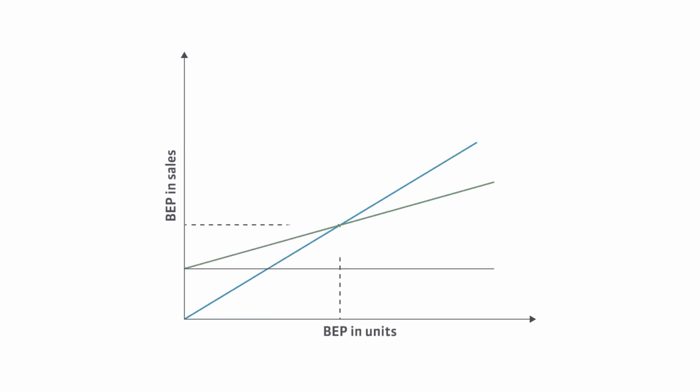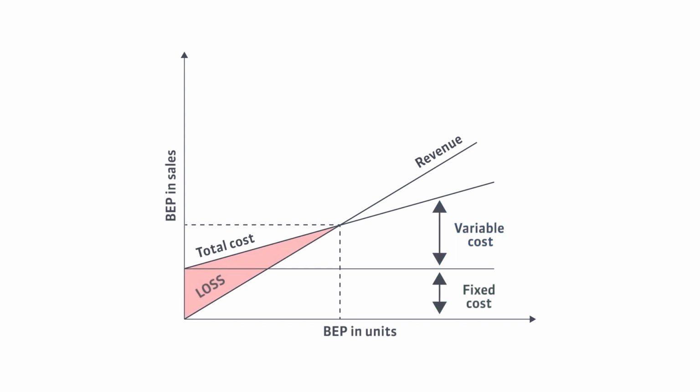In previous videos, I showed you how to use conventional CVP analysis, in which costs were divided into two categories: fixed and variable. Moreover, we assumed that costs were a linear function of sales volume.